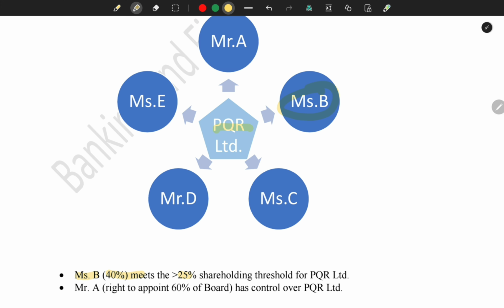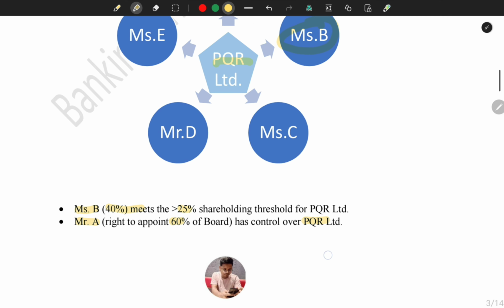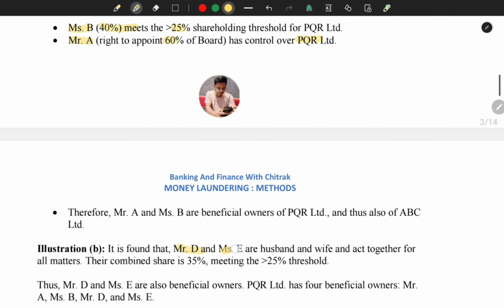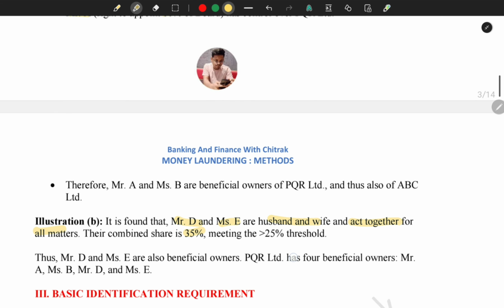She is going to be the beneficial owner. Also, Mr. A has the right to appoint 60% of the board members, so he is also considered as the beneficial owner. Now, let's suppose D and Miss E are husband and wife and act together for all matters. So the combined share becomes 35%. So they are also considered as the beneficial owner.